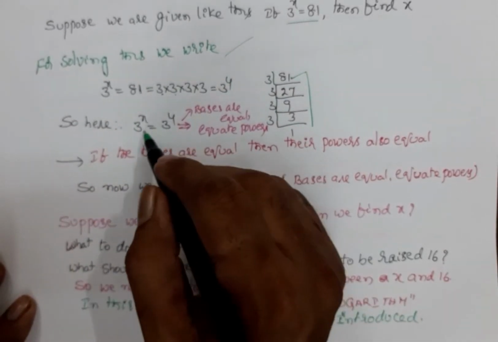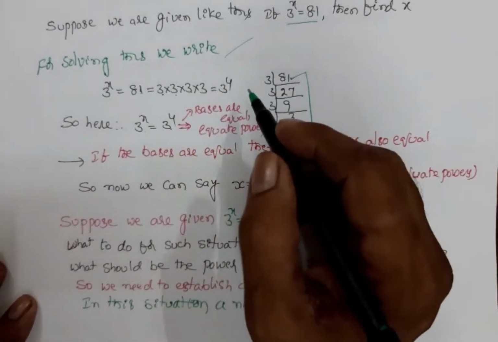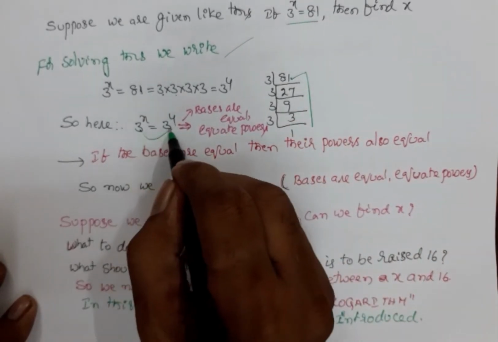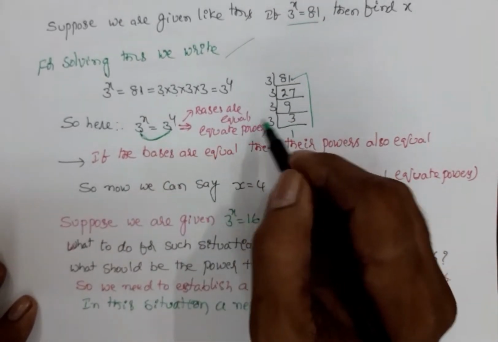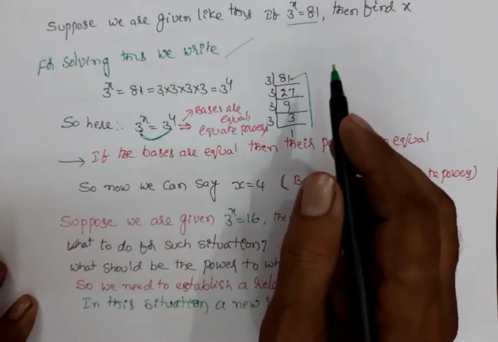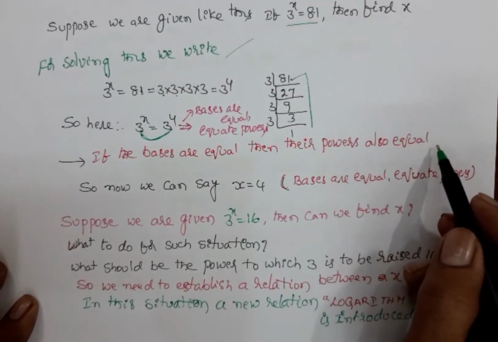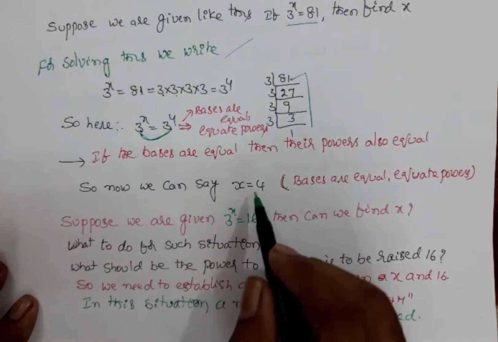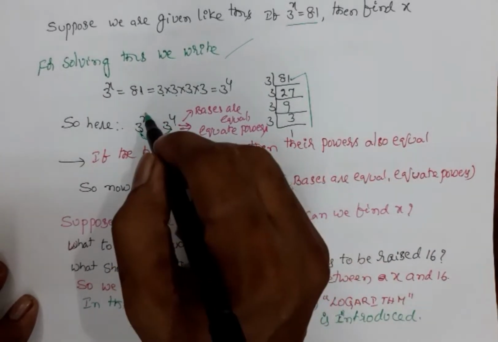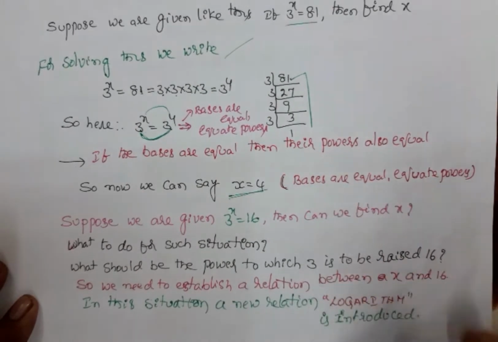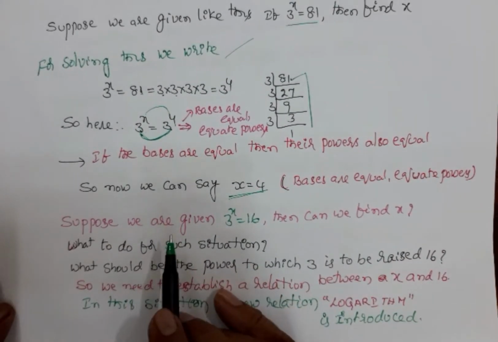So 3 to the power of x equals 3 to the power of 4. Bases are equal, then their exponents are equal. So now we can say x equals 4. Bases are equal, equate the powers.